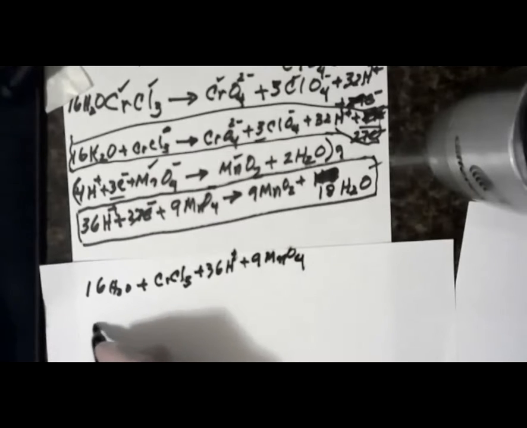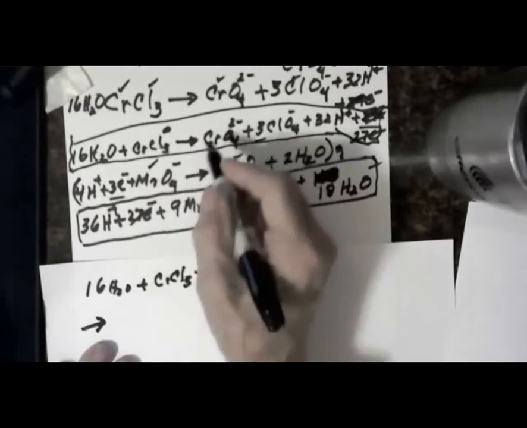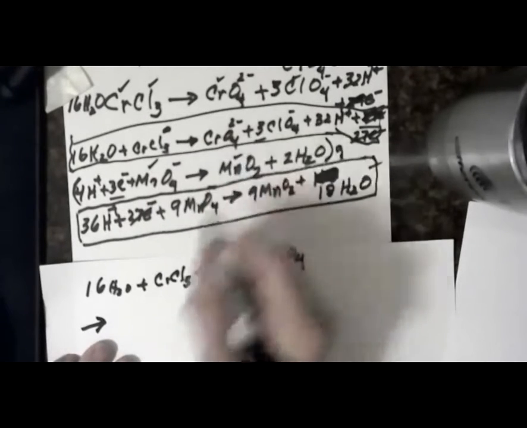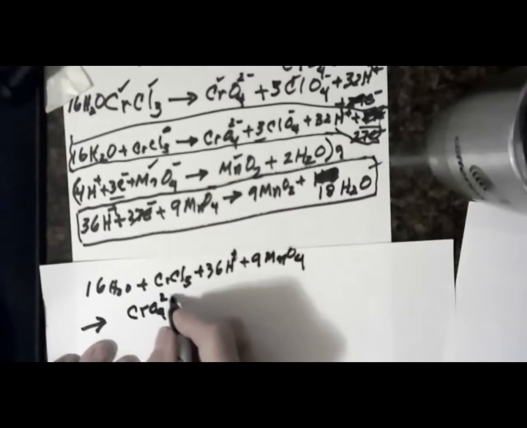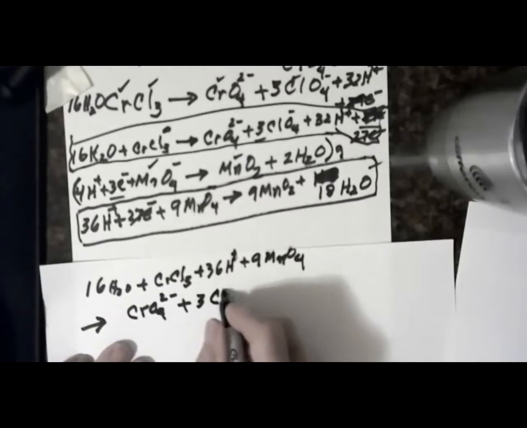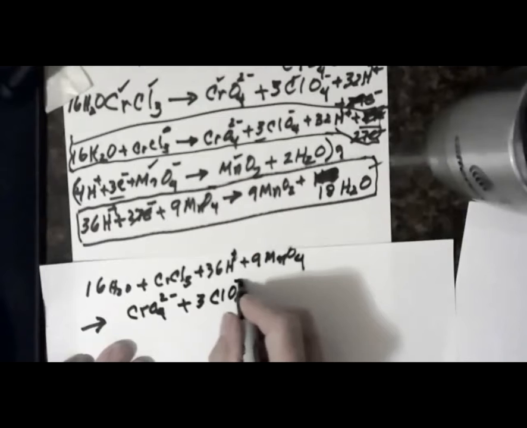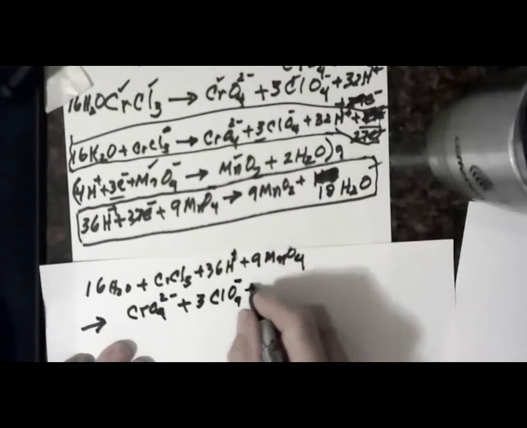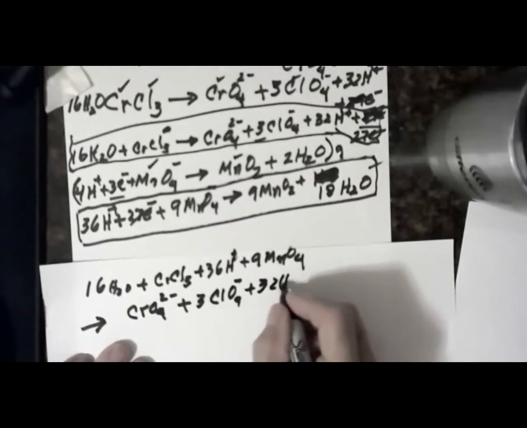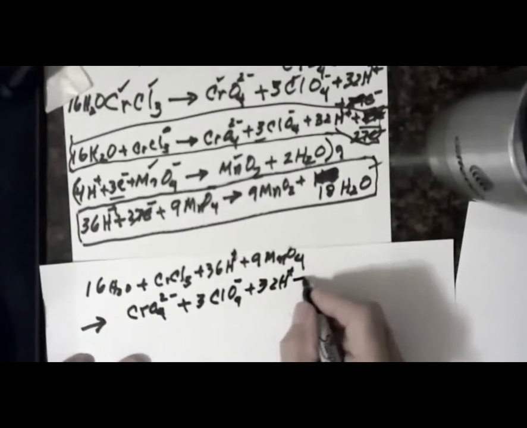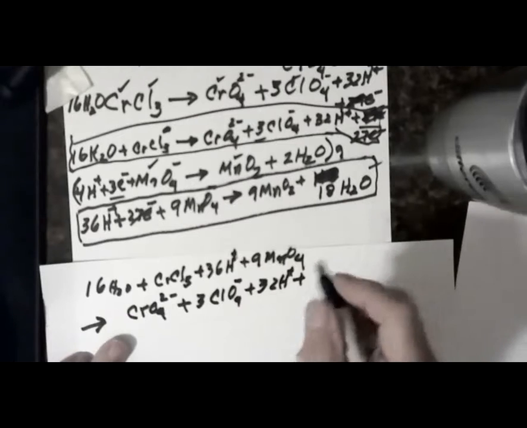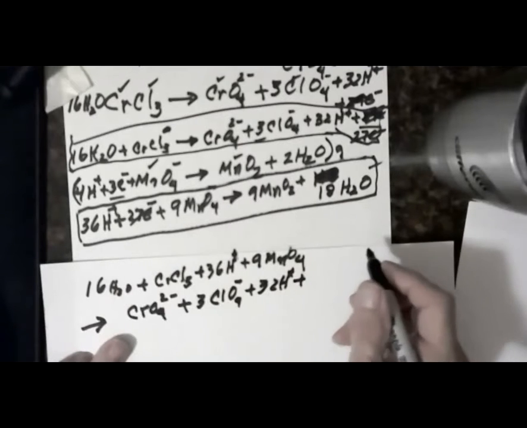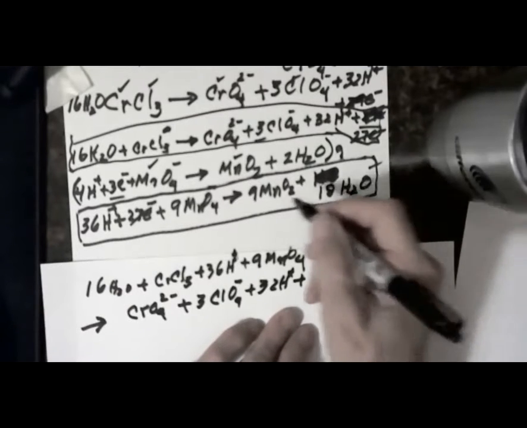And now that's going to go to what I've got on the right up here: a CrO4 2-, and 3 ClO4-, and 32 H+, and the 27 electrons I've already canceled. I didn't include them on the top. They're the same on the bottom, so I won't include them here either.